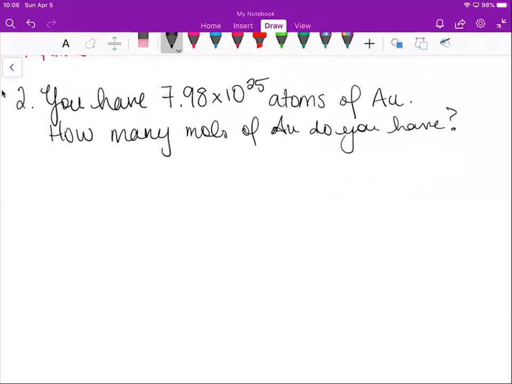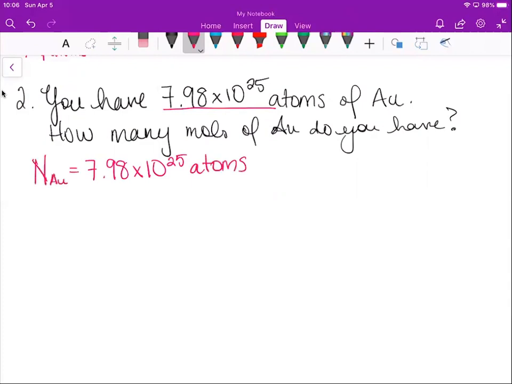Let's look at the question. We have this piece of information here, 7.98 times 10 to the 25 atoms. What is this? This is big N. That's the number of things, number of particles of gold.